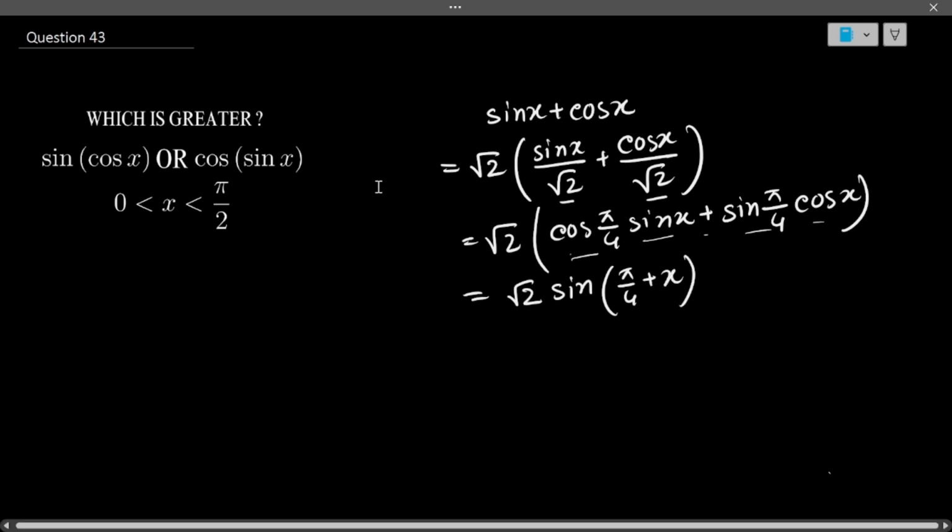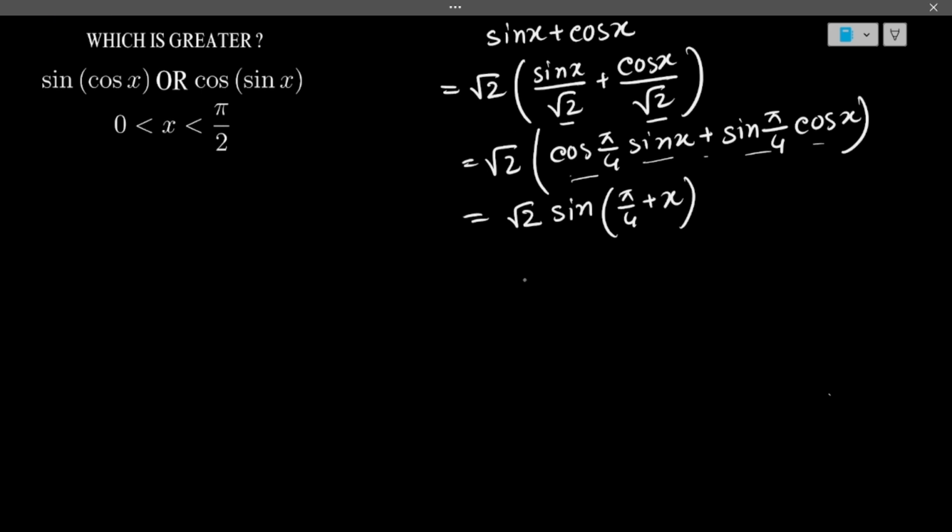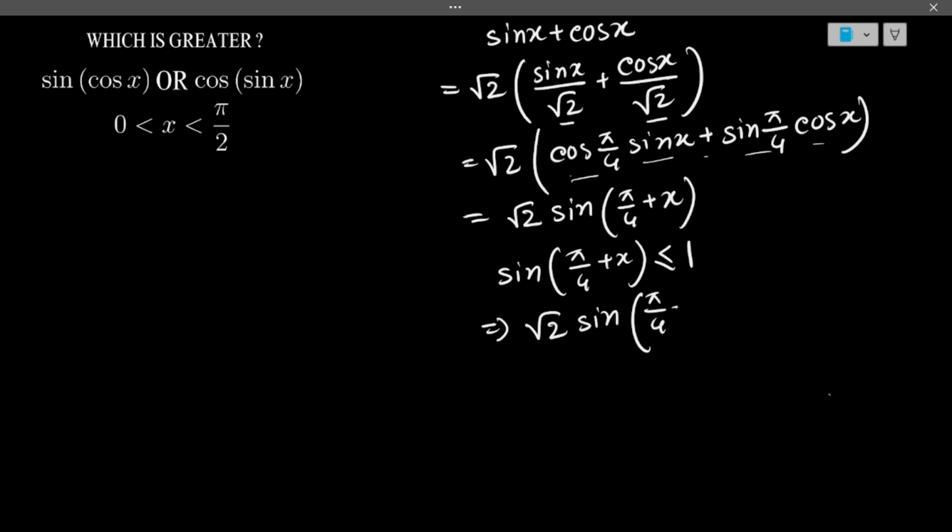Now we know that for any theta, the maximum value of sin theta is 1. So the maximum value of sin of pi by 4 plus x is also 1, that is, less than or equal to 1. If we multiply root 2 on both sides, root 2 into sin of pi by 4 plus x is less than or equal to root 2.